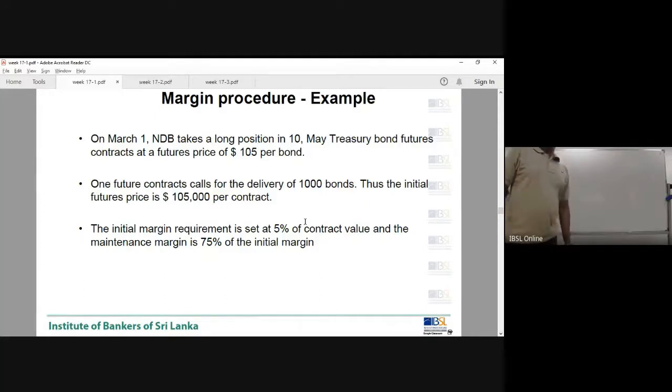On 1st March, NDB is taking a long position in 10 May Treasury bond futures at a futures price of 105 per bond. One futures contract calls for the delivery of 1,000 bonds. Thus, the initial futures price is 105,000.